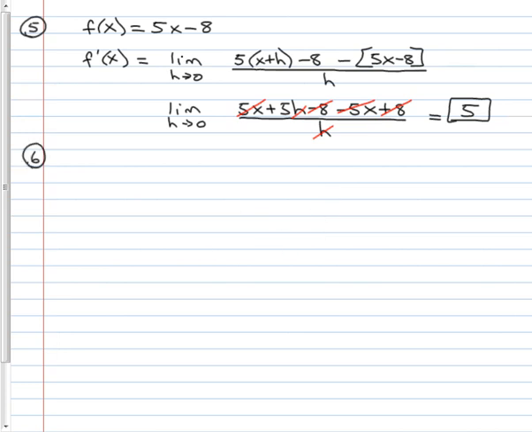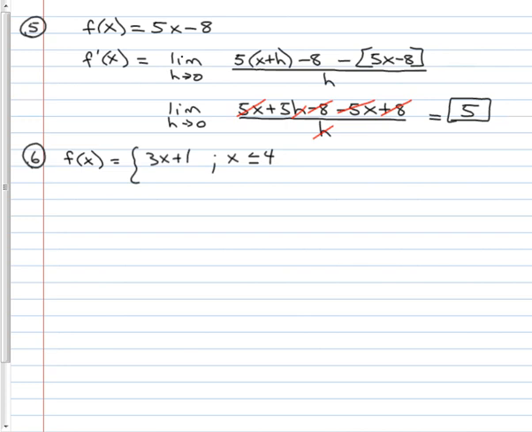Number 6. For the function f of x equals, so they have a schizophrenic function, 3x plus 1 if x is less than or equal to, is that what that says?